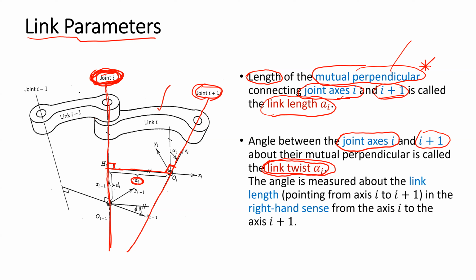Joint i plus 1 has some angle with joint i. If we draw a line parallel to joint i here, you can see that we have one angle difference between joint i and i plus 1. This angle we call link twist.